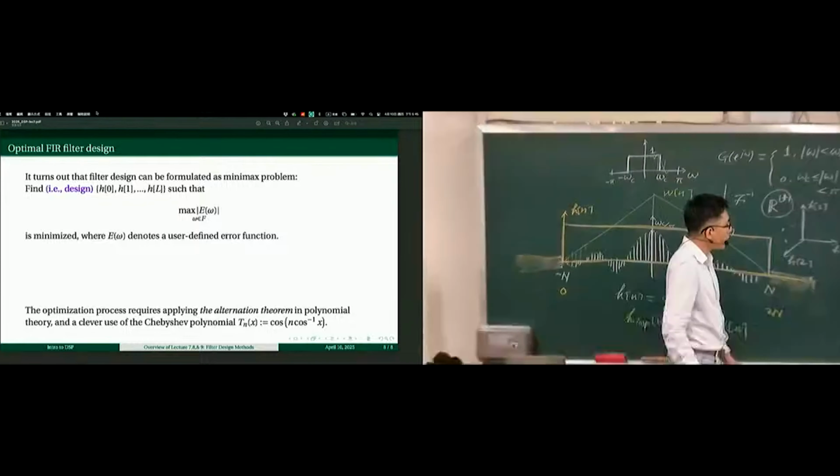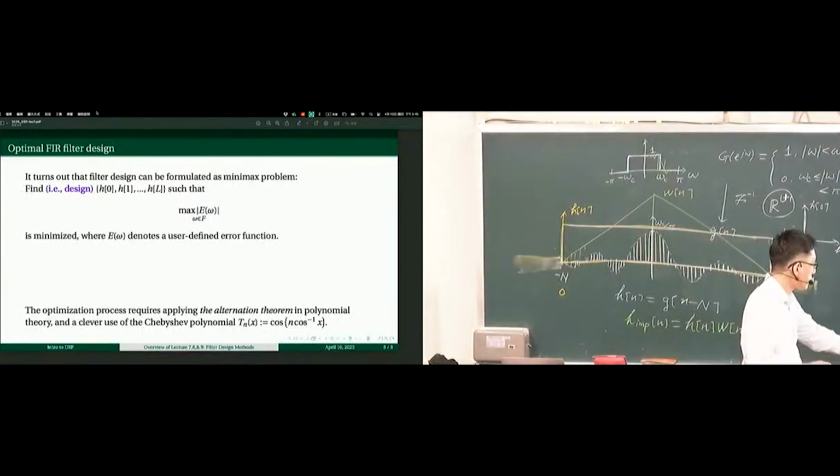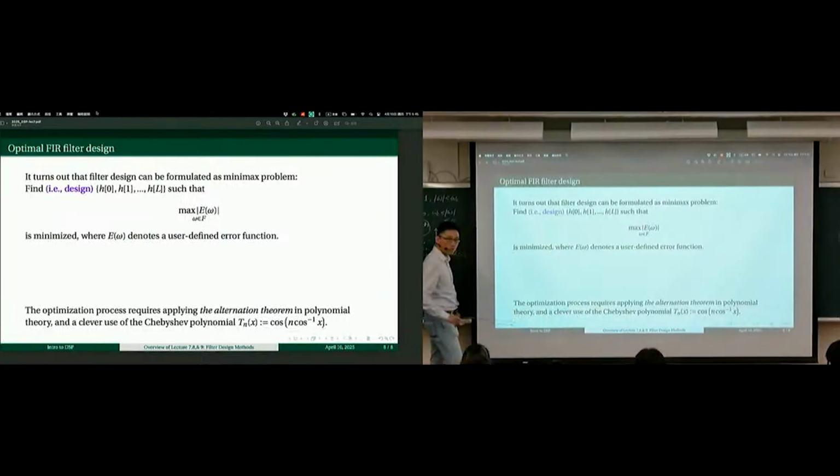So in this way of design, I just tell you, this optimization process requires some interesting knowledge about polynomials. Turns out that we will be applying what is called the alternation theorem in polynomial theory, and the kind of polynomial we're working with is called the Chebyshev polynomial.